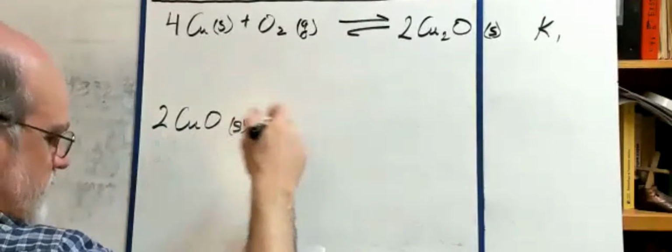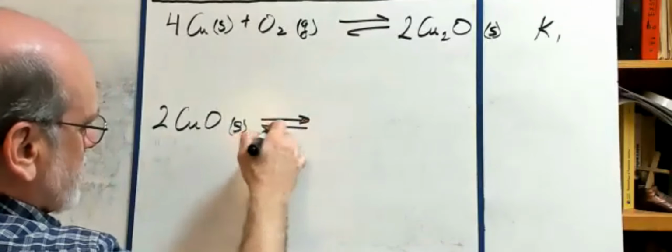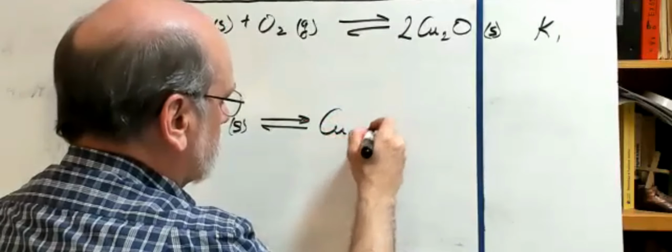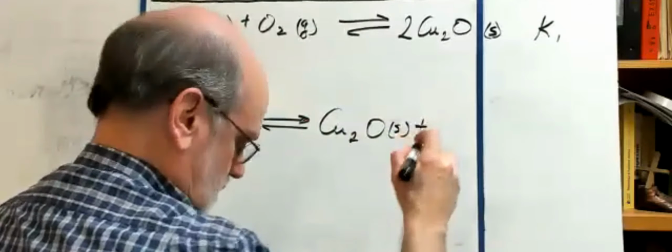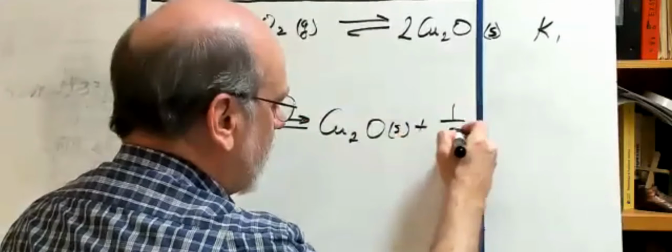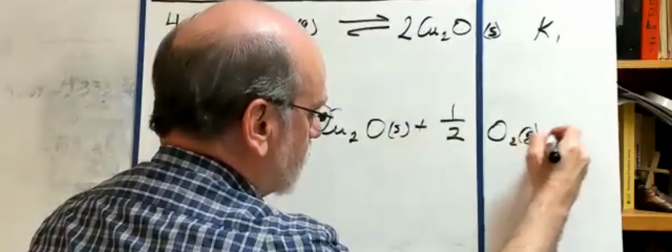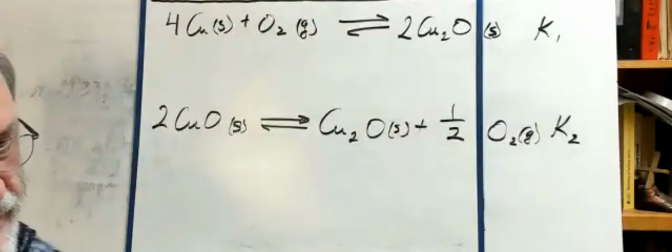Copper 2 oxide yields, well, actually it's in equilibrium, half oxygen gas. K2. All right.